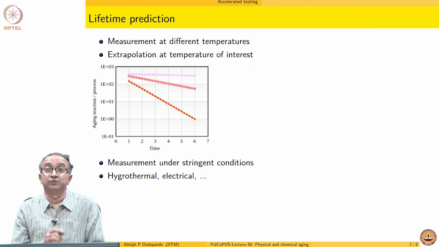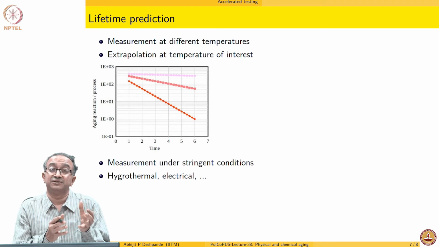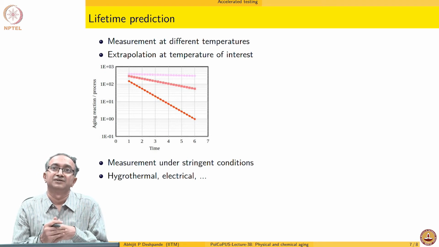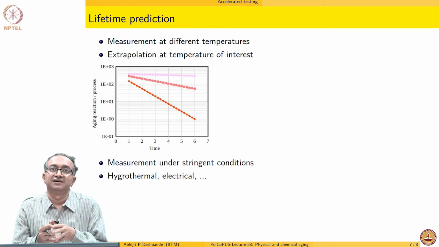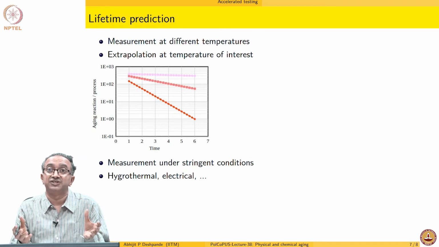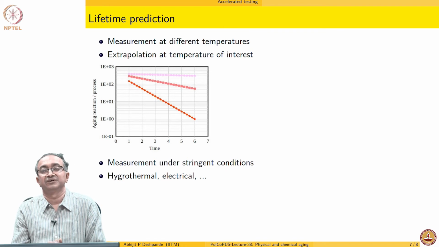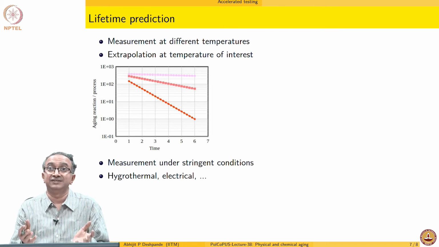One other thing is that we need to think about this over years. I do not know if you can do a quick calculation and see what 10 to the power 6 seconds is in terms of years, and if, let us say, service life is 25 years, how many seconds that is. Of course, we do not have the luxury of doing tests over years. So we necessarily need to do tests in maybe hours, maybe days, maybe in some cases, because of the validity required, for a few weeks, and that is about it.